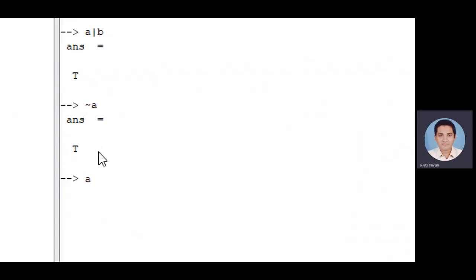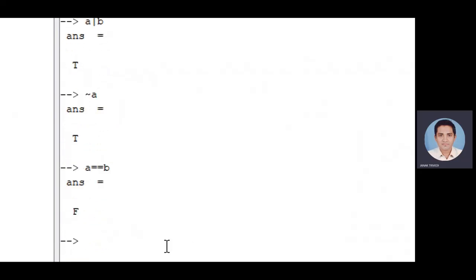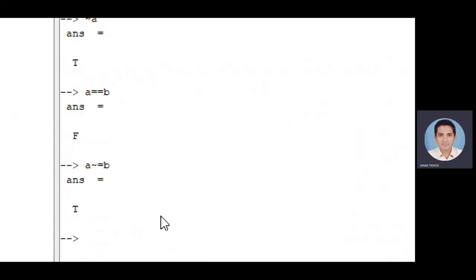When you check A equal to B, that is also false because A is false and B is true. Then A not equal to B, yes, that is true because A is false and B is true.